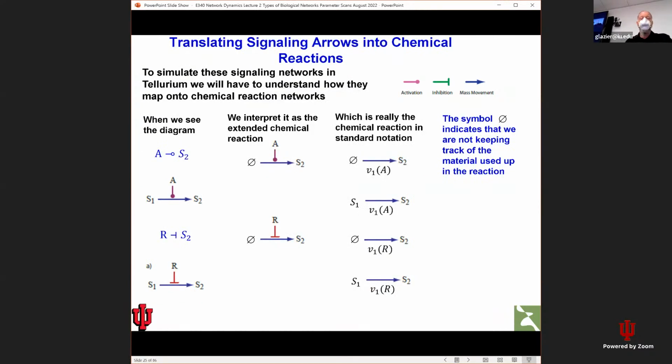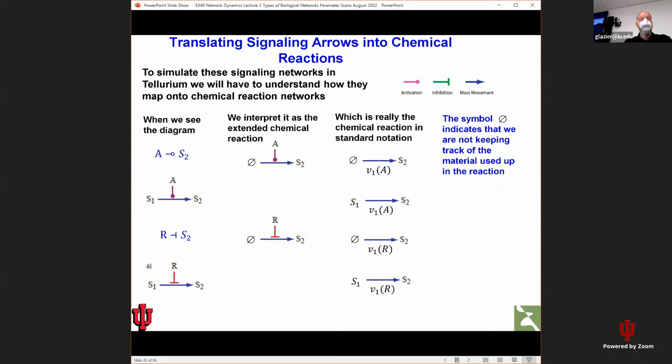Formally, if we want to convert everything into chemical reactions, here I have a picture. A activates S2. What that really means is that A regulates the production of S2 from S1.